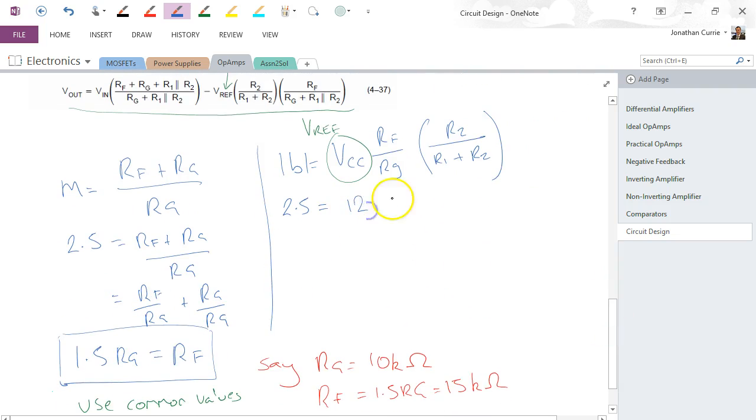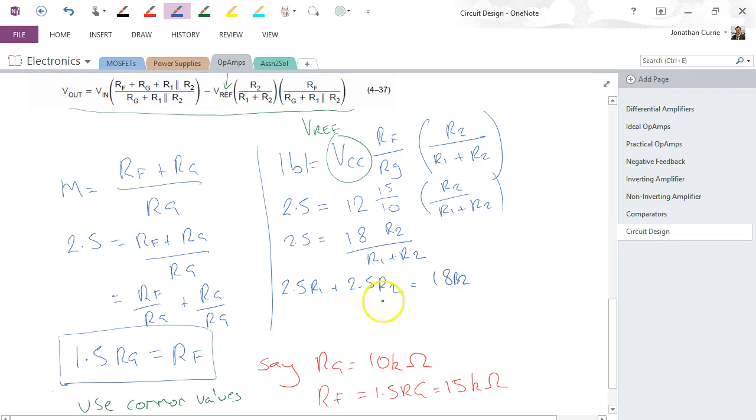It's equal to 12 times 15 over 10 R2 over R1 plus R2. So 2.5 is equal to 18 R2 over R1 plus R2. And we could say then that 2.5 R1 plus 2.5 R2 is equal to 18 R2.